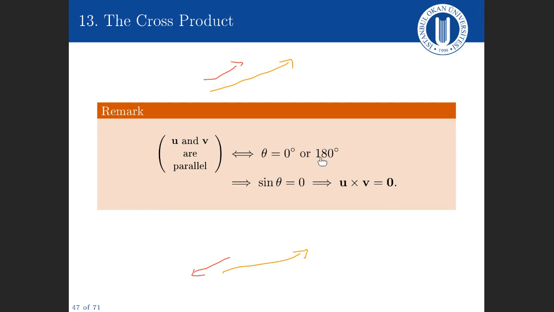In other words, they point in the opposite direction. But sine of 0 is equal to 0, and sine of 180 degrees is also 0. So if they're parallel, then sine of theta must be 0. Therefore, u cross v must be 0. And remember, not the number 0, but the 0 vector.